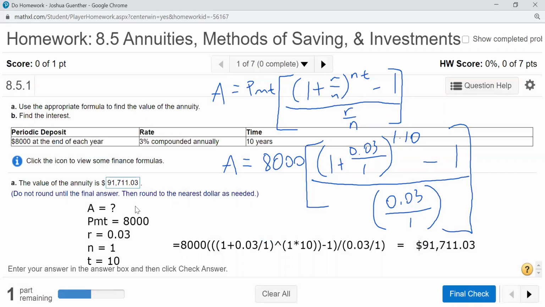Hold on, maybe I just made a computation mistake, which we're all apt to do. Times 8,000. No, I didn't make a computational mistake.